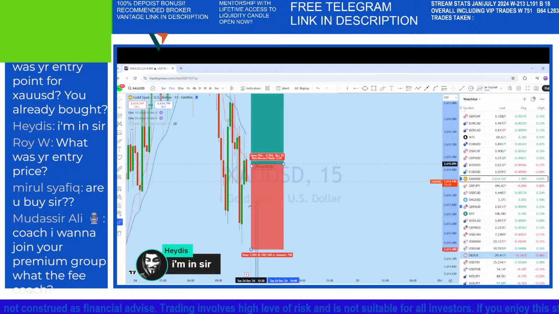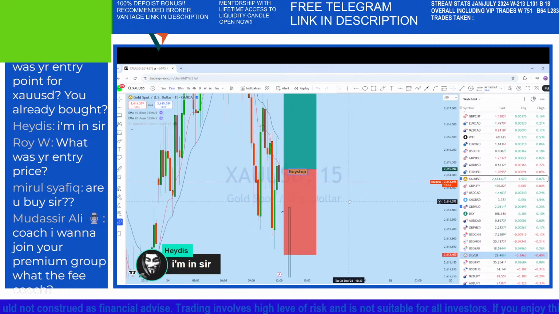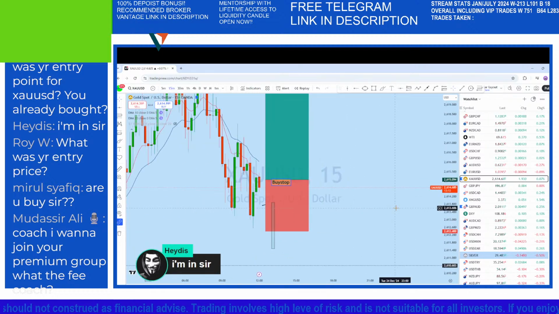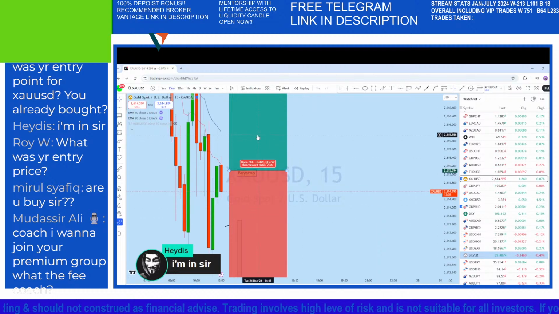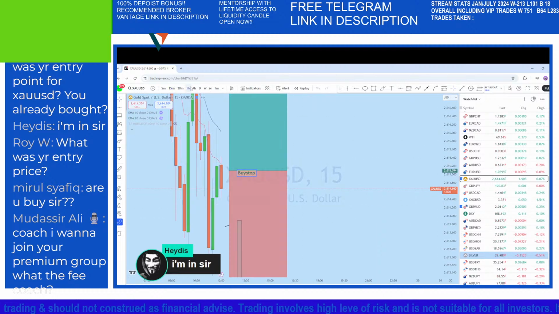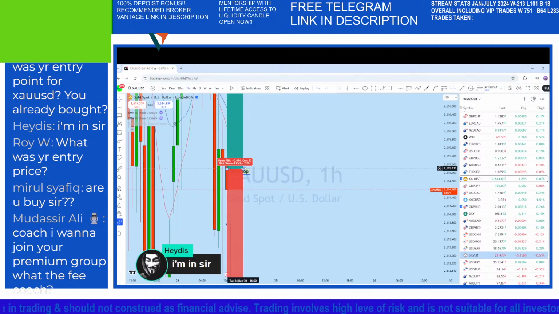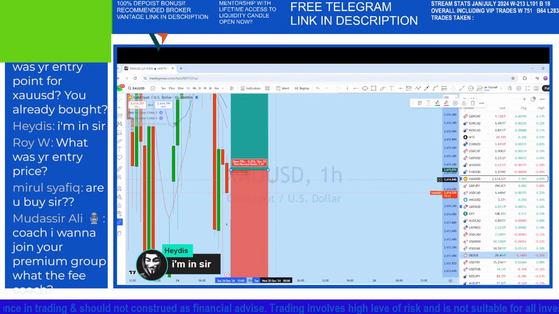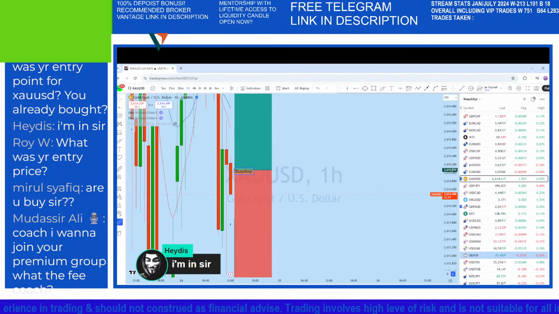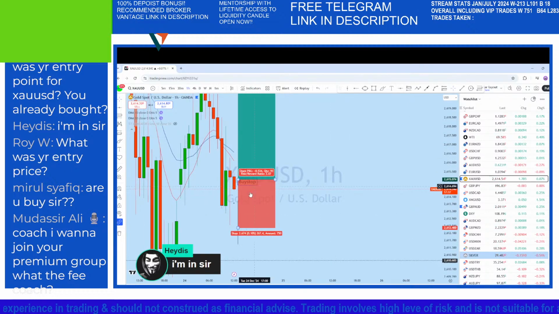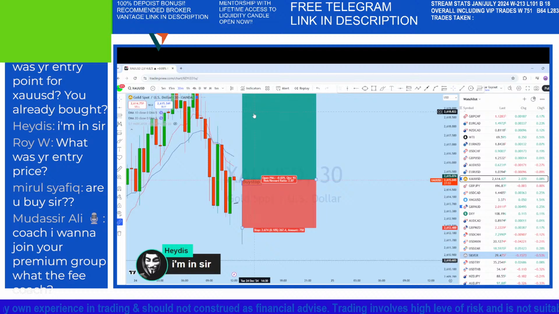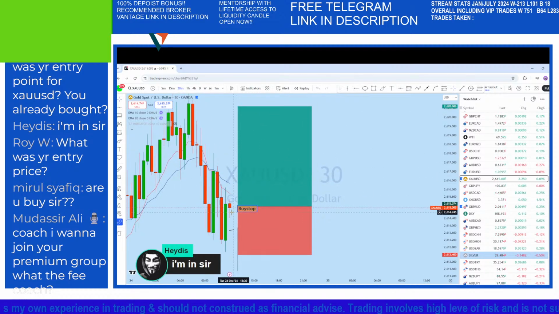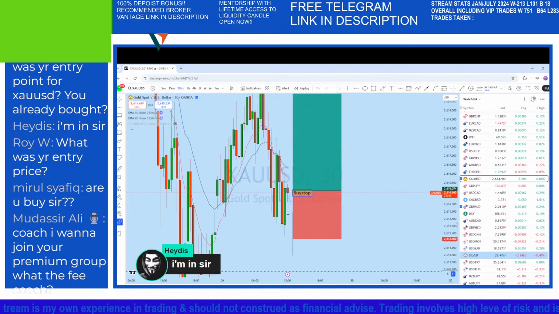If you look at the 15 minutes, here is the structure. The doji, as the market bounced from the daily support, expecting it to trend in that direction.